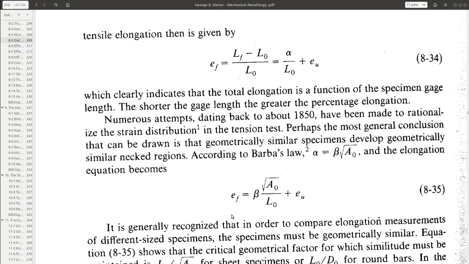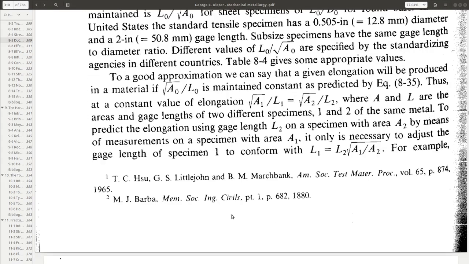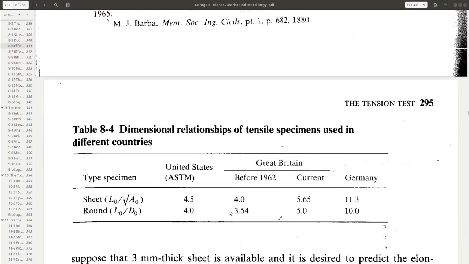Now let's see what ratio values are used at various places. If you see Table 8.4, in the United States for a round specimen this is 4, and for a sheet this is 4.5.